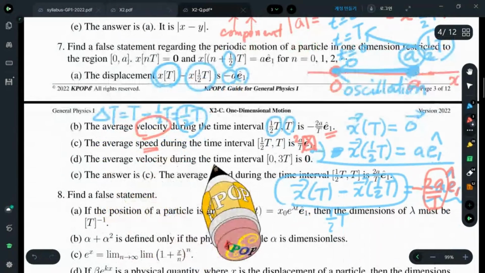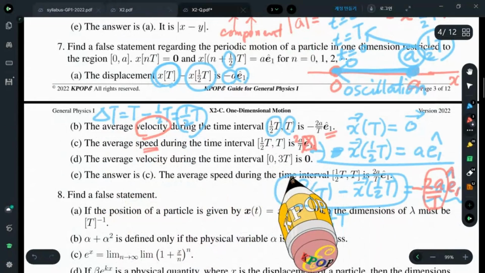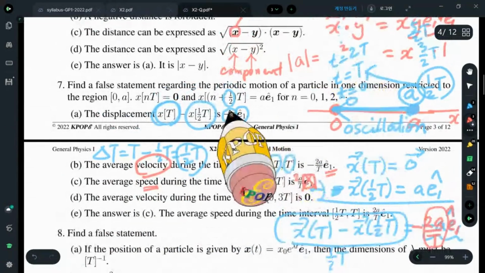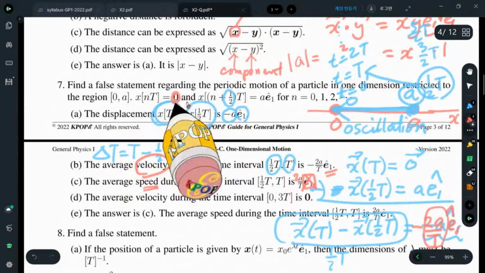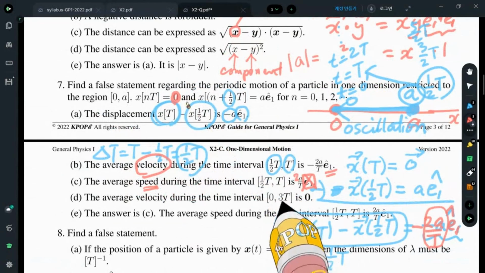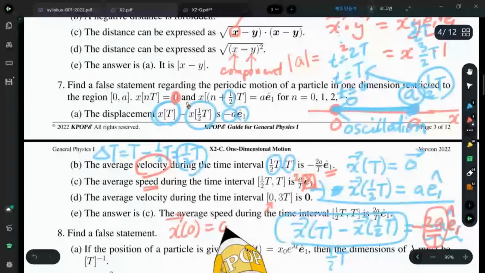The average velocity during the time interval 0 to 3t, right? Let's see. It is always a 0. X vector at 0 equals the 0 vector.